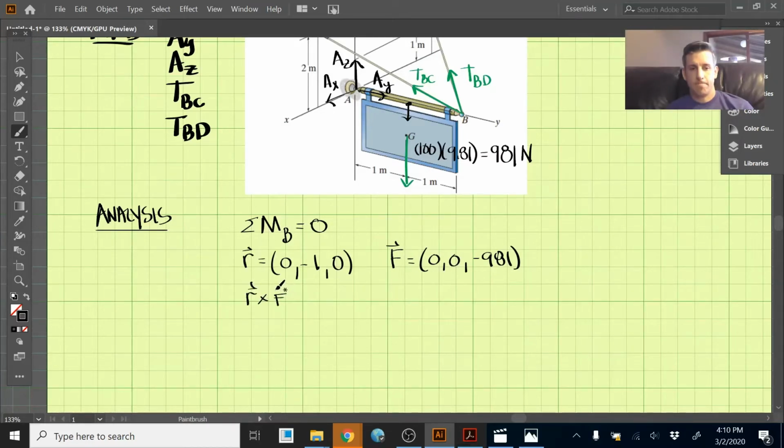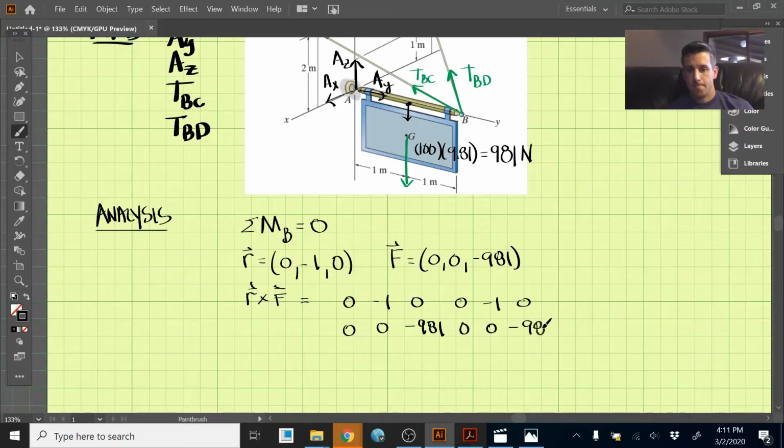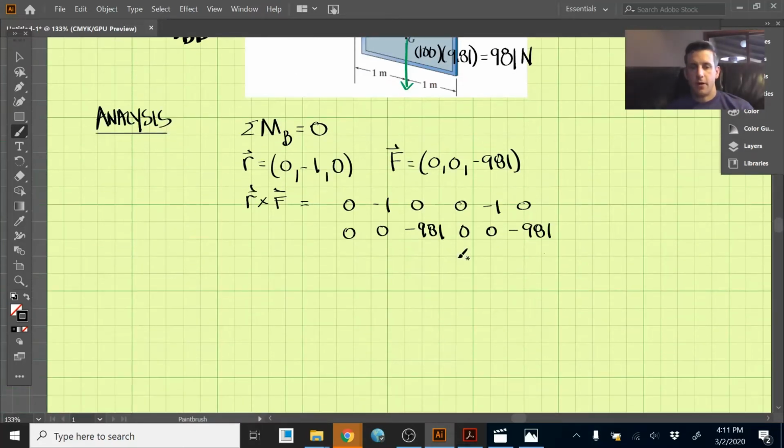So doing the cross product of R cross F, remember we write R, and then we write F below that, 0, 0, -981. And then we just repeat that to set up one way of doing the cross product. Let's do that cross product.